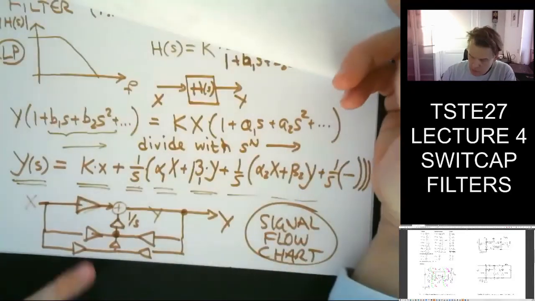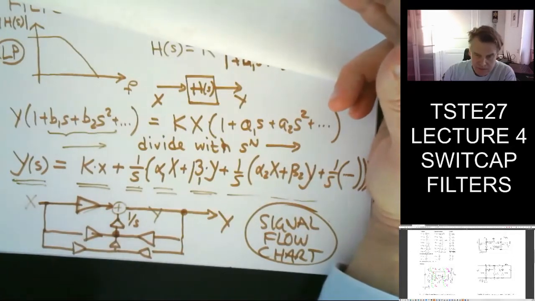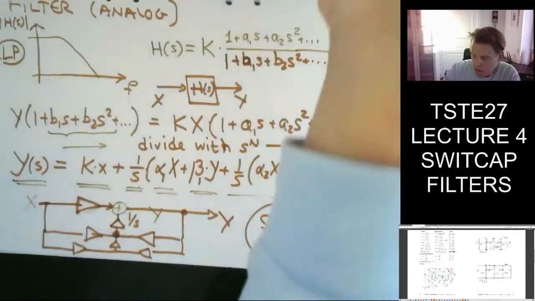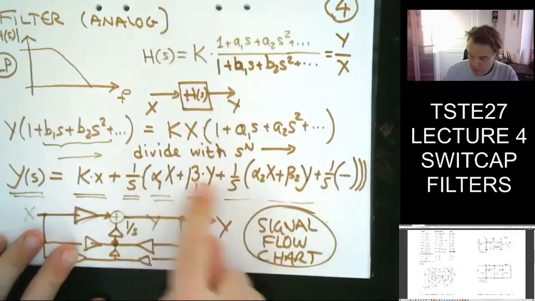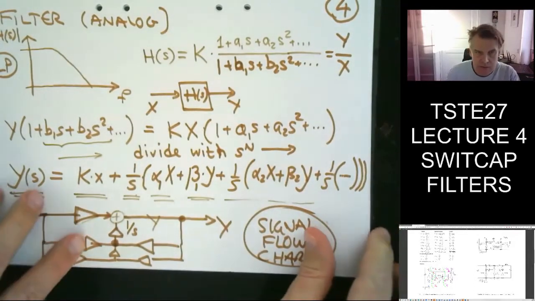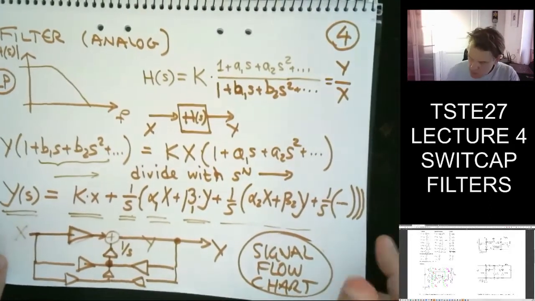So all these additions, multiplications and potential sign differences we can implement with SWITCAP. So basically, take the original function, go through the basics, find the signal flow chart, and then manipulate that to get our SWITCAP implementation. Okay.